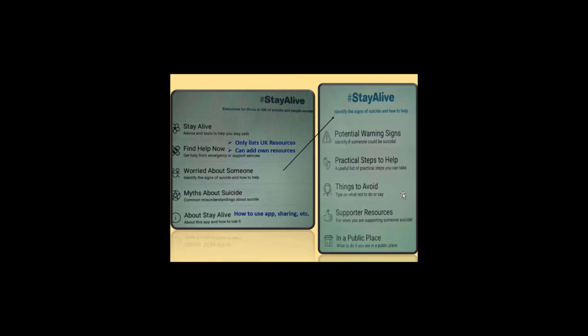Then things to avoid, particularly when helping someone, and then supporter resources, which are also a number of ideas to help someone who's thinking of self-harm, and then the need to go to a public space or how to get out of a public space if you have become overly stressed in that part of the environment.